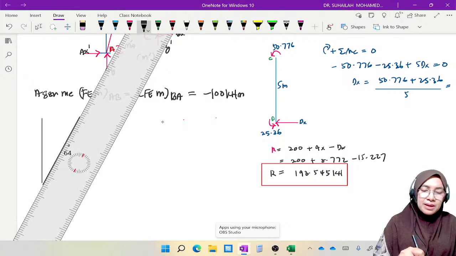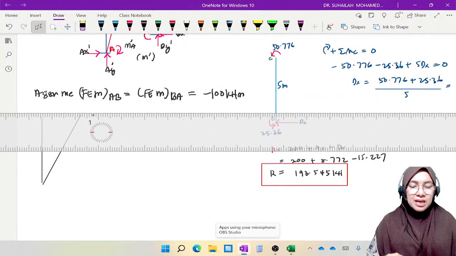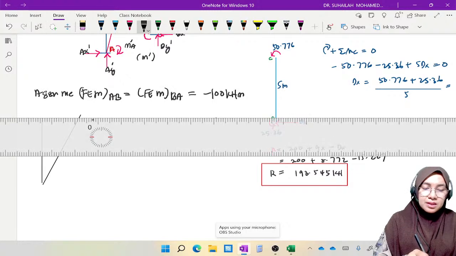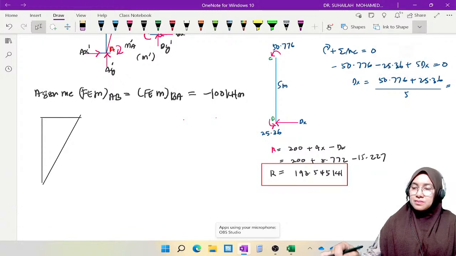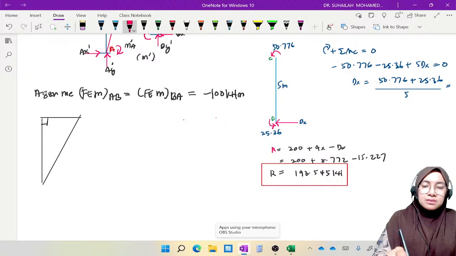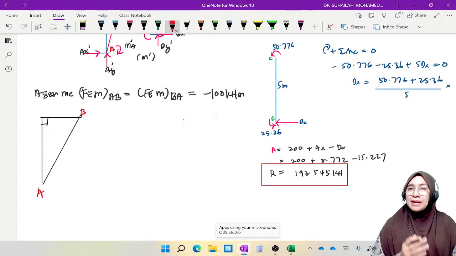This is column AB, A, B. Remember that delta is perpendicular.